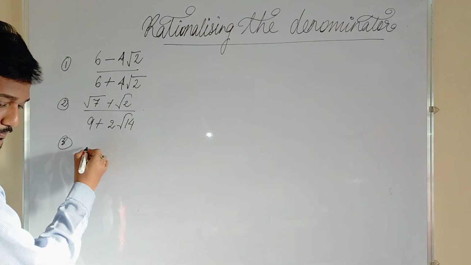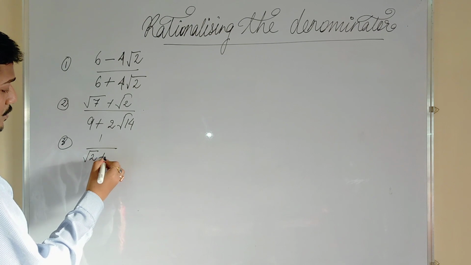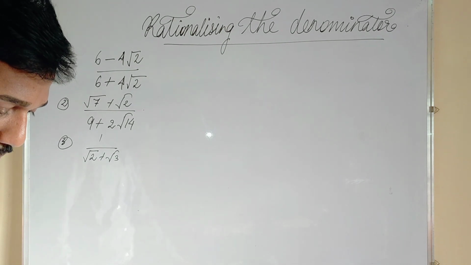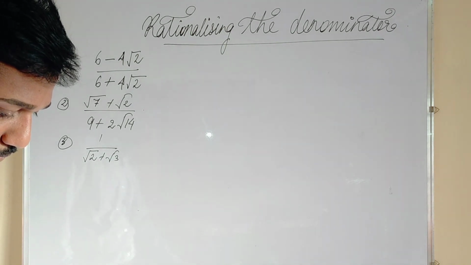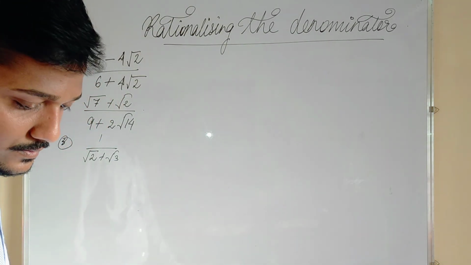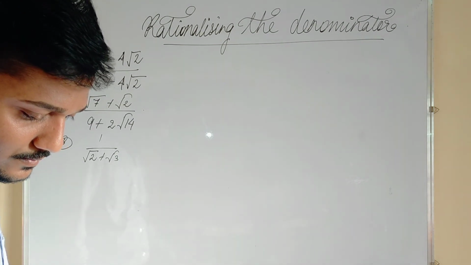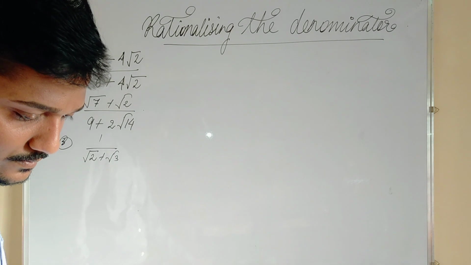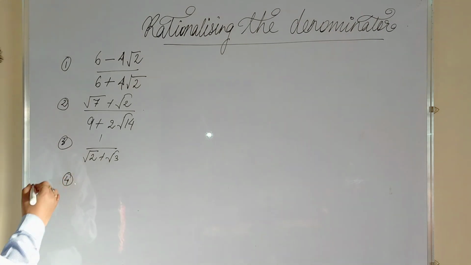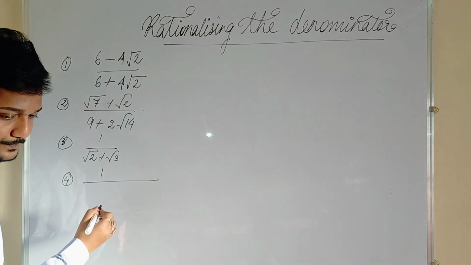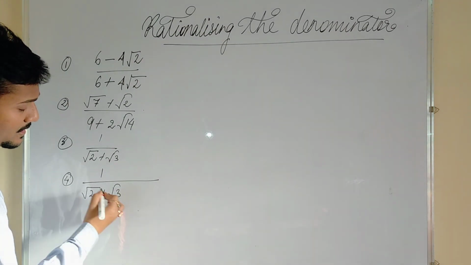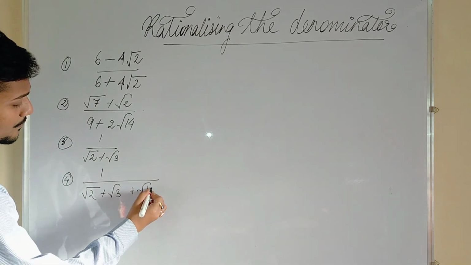Number 3, 1 by root 2 plus root 3. Number 4, 1 by root 2 plus root 3 plus root 10.